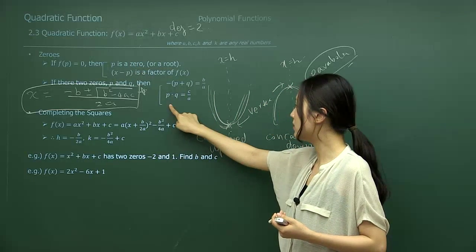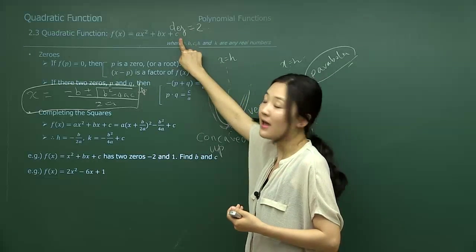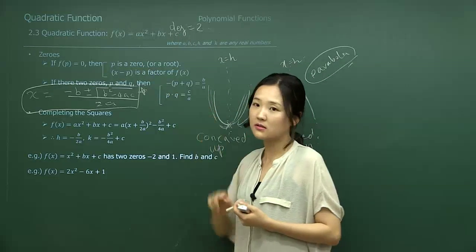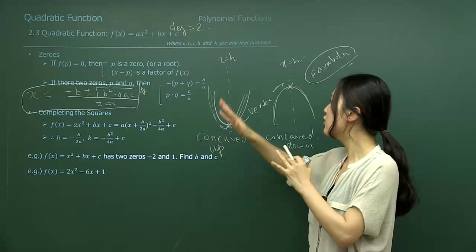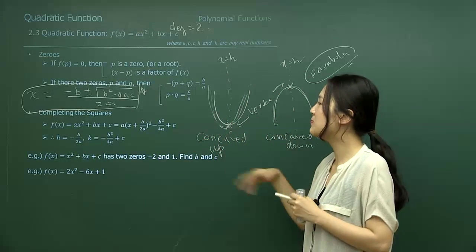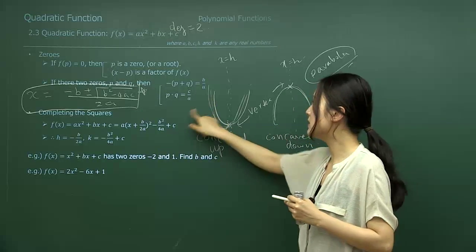And the product of p and q equals c over a, with c as the constant and a as the leading coefficient. So remember, like I said before, you need to understand the relationship between the zeros, the equation, and the graph. So this is one of them.